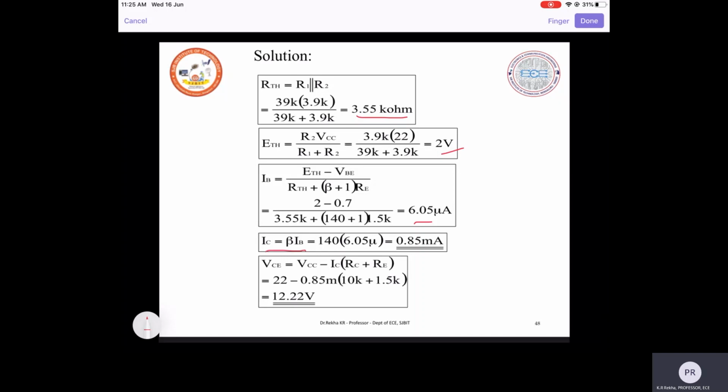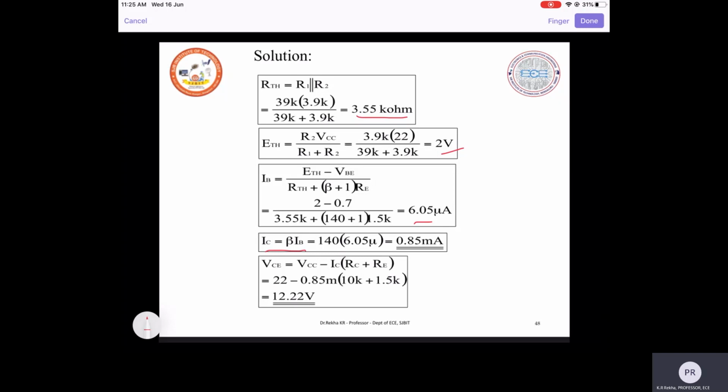So what you have to know from this: RTH is R1 parallel with R2, ETH is equal to R2 VCC by R1 plus R2, and IB, applying KVL, is ETH minus VBE by RTH plus beta plus 1 into RE.